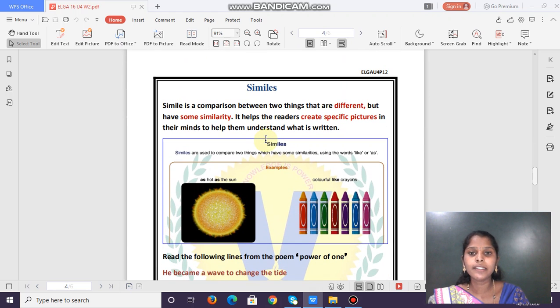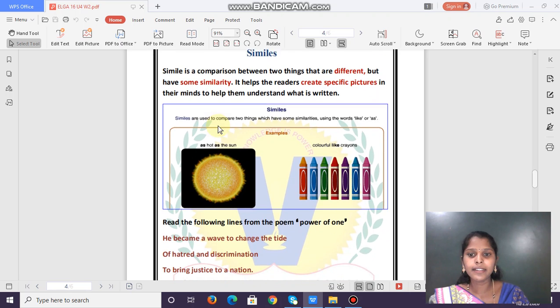Moving towards the next topic, that is similes. A simile is a comparison between two things. The two things are different but they have some similarity. It helps readers create specific pictures in their minds to understand what is written.